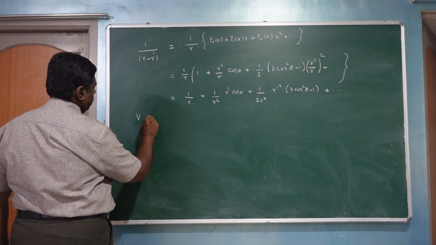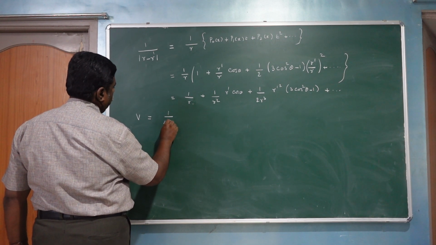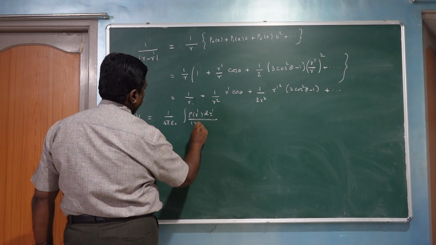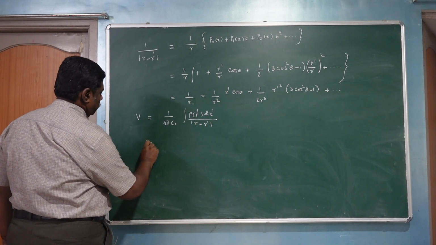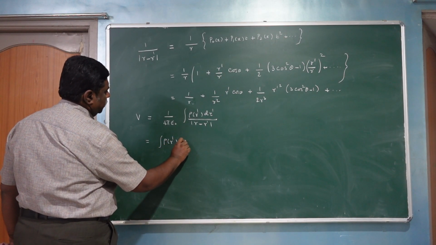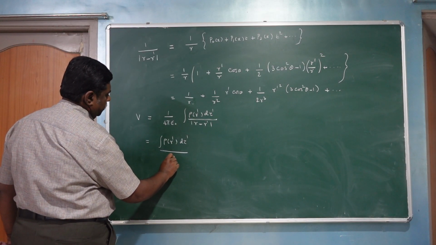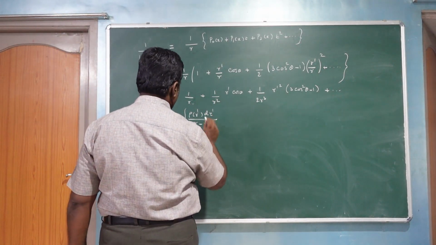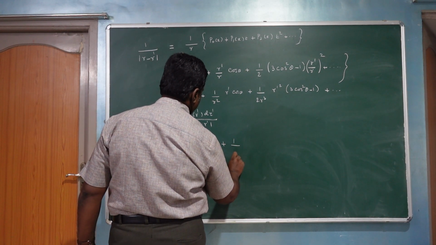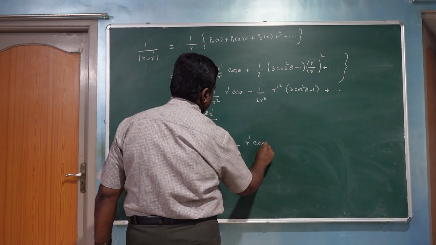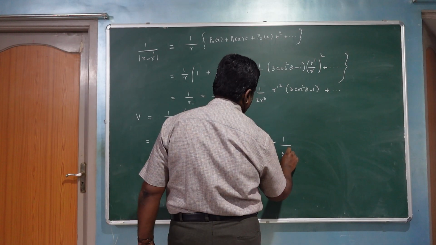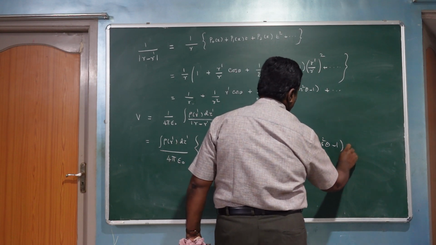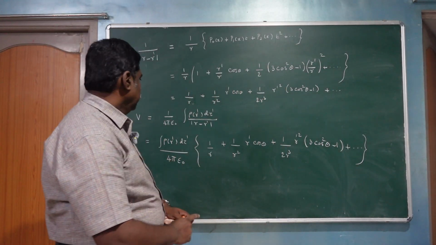Now the potential V equal to 1 by 4 pi epsilon naught integral rho of r dash d tau dash divided by modulus of script r, which is equal to integral rho of r dash d tau dash divided by 4 pi epsilon naught, then the value of 1 divided by script r is equal to 1 by r plus 1 divided by r square r dash cos theta plus 1 divided by 2 r cube r dash square (3 cos square theta minus 1). Now you have to simplify this.